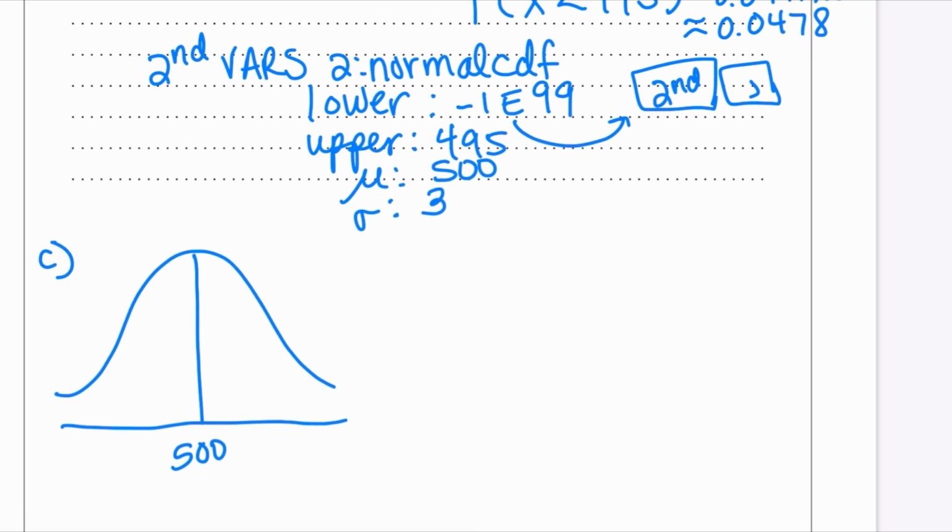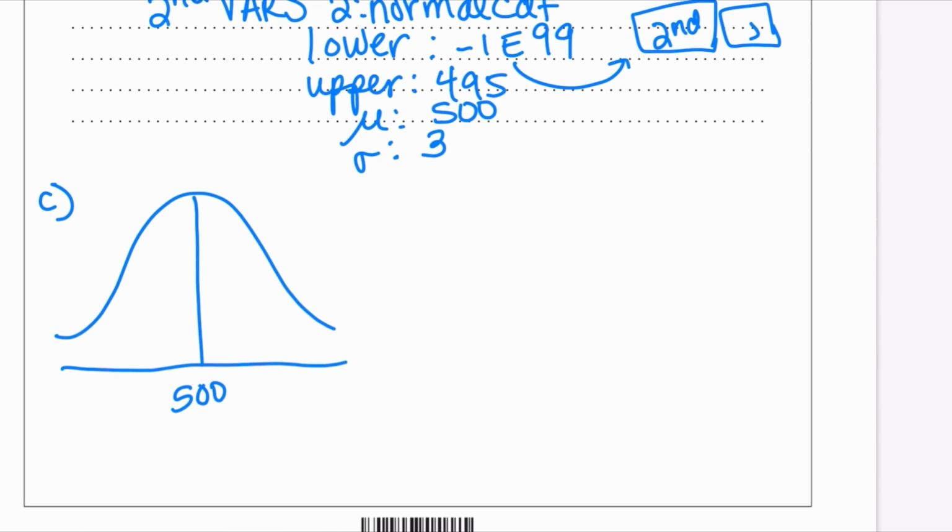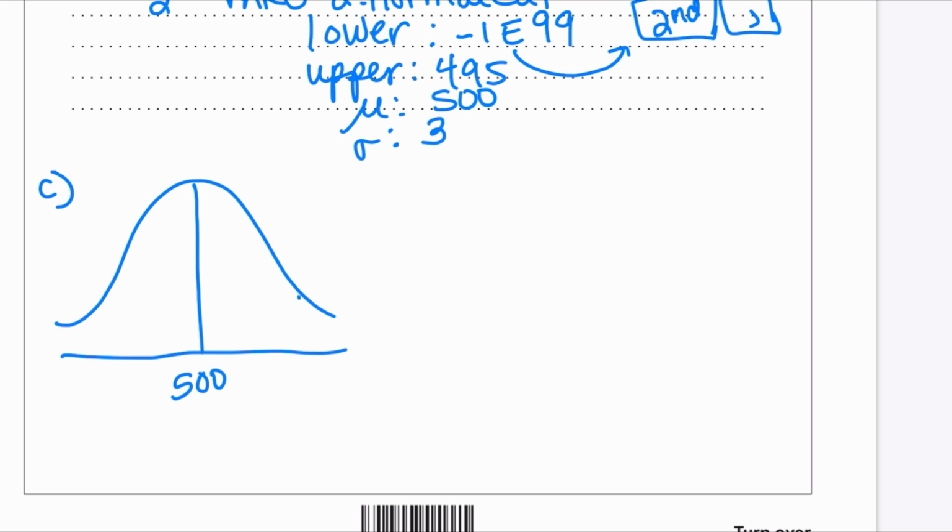In this case, the factory is going to reject 2% of the bags for being overweight, and it is our job to figure out that weight. So this is one of those inverse norm problems where this right here represents 2%. So this is 0.02.